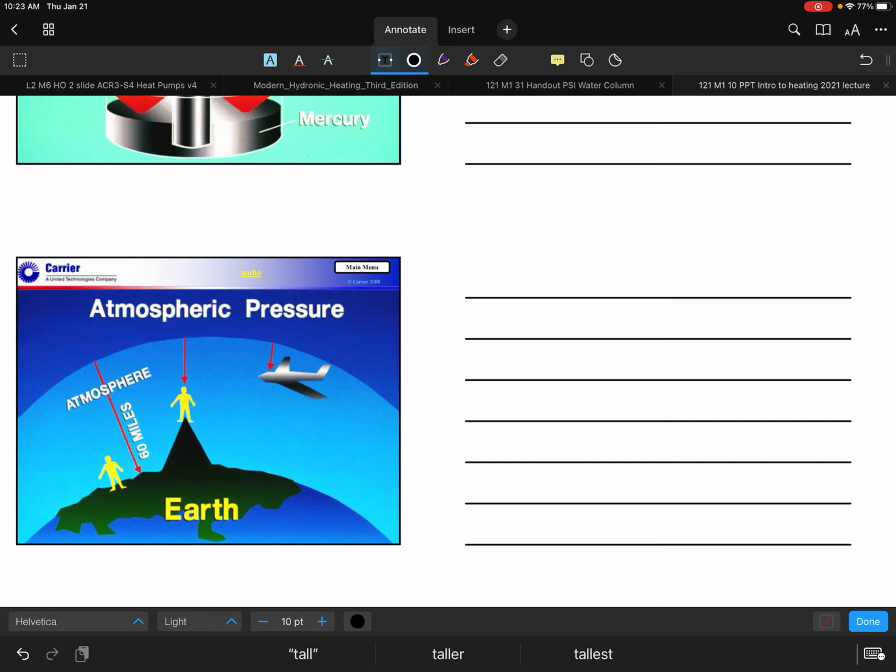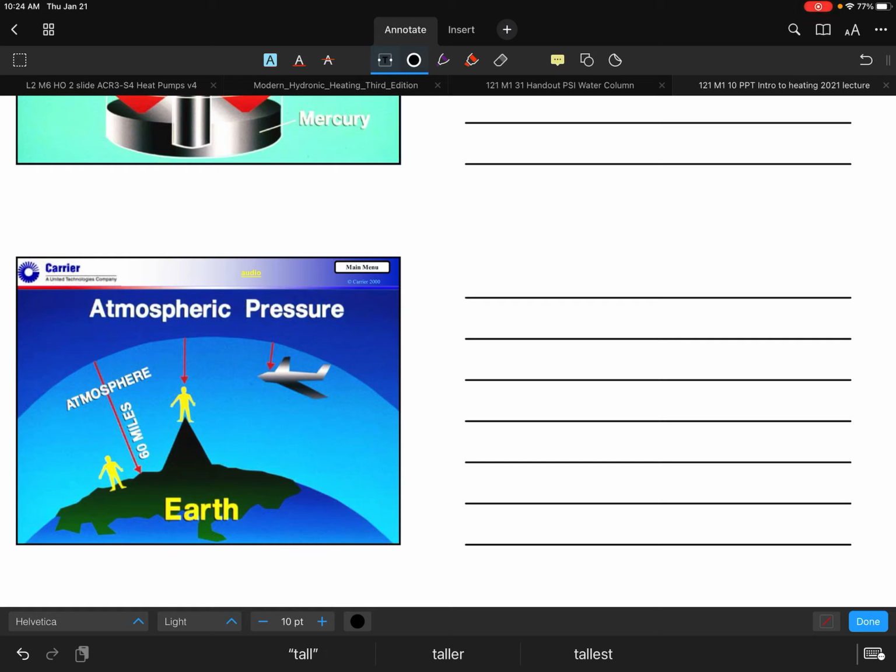All right, now if we expand a little bit further on this, on the next one we have our atmospheric air as shown. Now, in refrigeration, we made references to the impact of atmospheric pressure on the pressure of our fluids and the pressure of air.